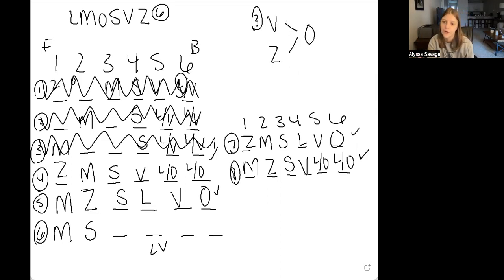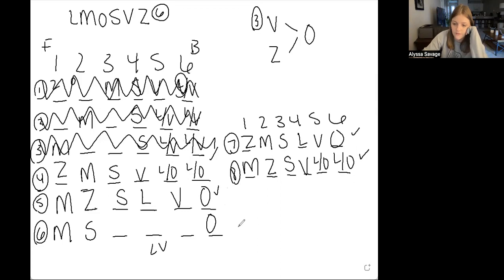If we know that 2 variables have to come before O, let's work our way backwards and figure out where O could go. So O could go in my 6th spot because I have at least 2 spaces to fill in V and Z before O.